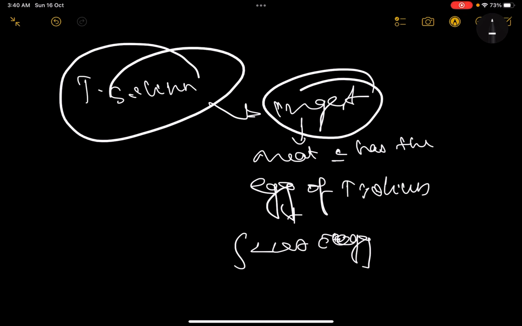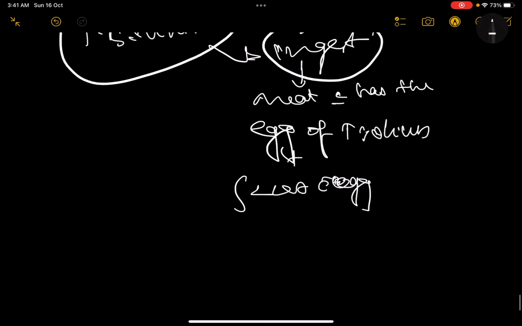But what happens is that sometimes you ingest meat with eggs of T solium. That is in the case of, let's say, if there is an egg present in the feces of a pig, or the pig has eaten feces that has eggs, and then the eggs have been consumed and they reach the muscle layer.